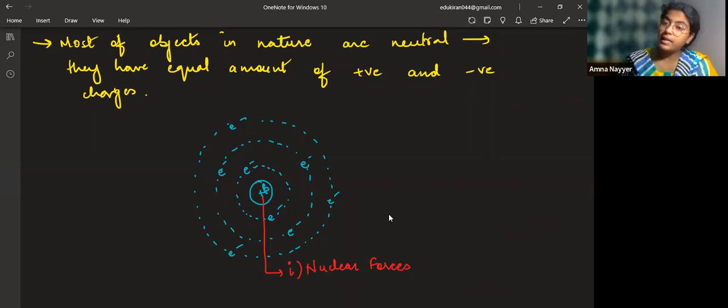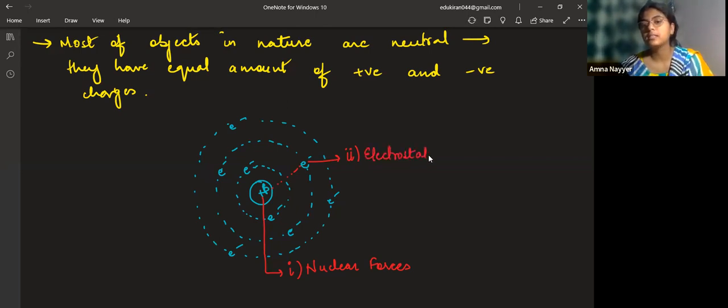Secondly, the electrons are also present. The electrons are held with the help of the second force, which we have to discuss in detail in this lesson, that is the electrostatic force. So electrons are held by electrostatic forces, and protons are held by nuclear forces.